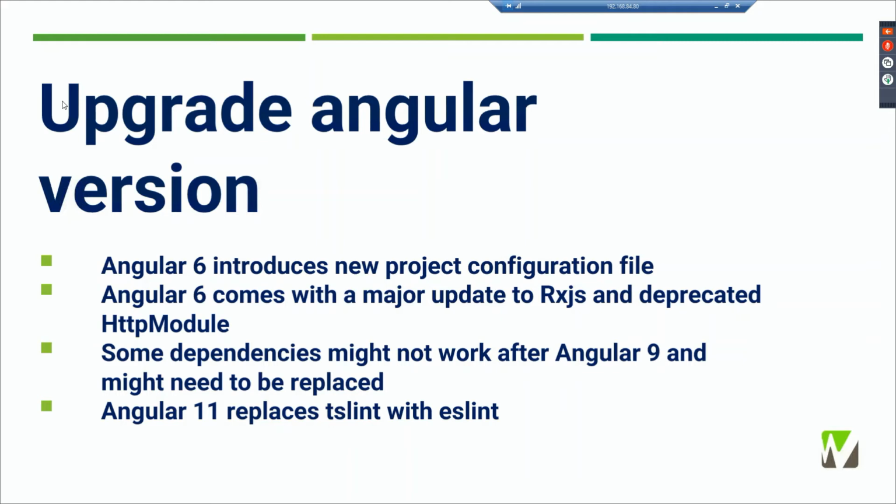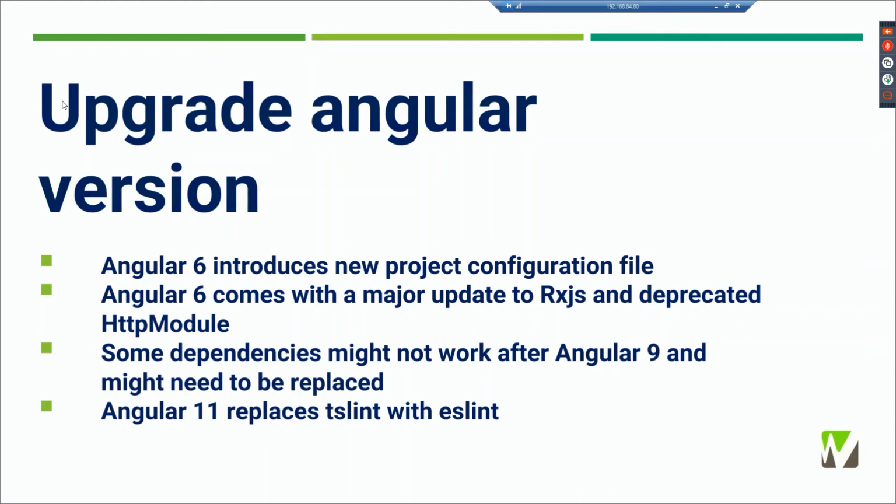As mentioned before, Angular 9 is also a special case. A new compiler and a rendering engine have been shipped with Angular 9. This makes a lot of dependencies not work after you migrate to Angular 9, and you might need to do some manual investigation.